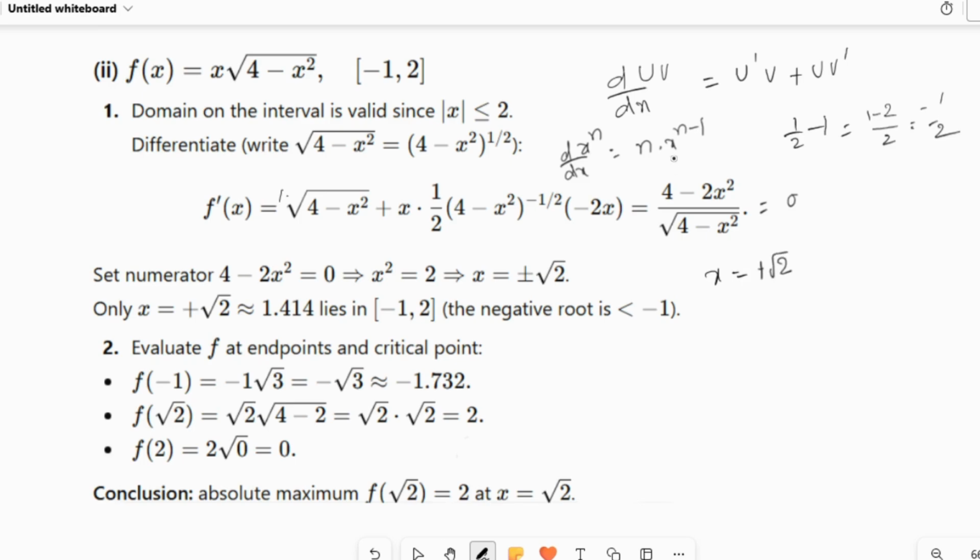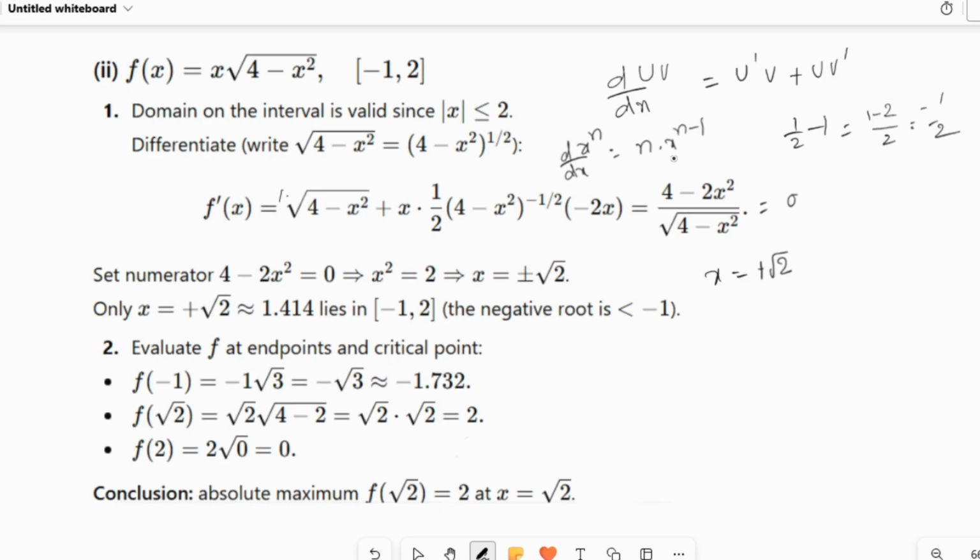And we have to find f at the end points minus 1, 2 and also at plus root 2. So first let us find f of minus 1. When we substitute minus 1 for x, that is minus 1 into square root of 4 minus of minus 1 squared, that is 3. Minus 1 root 3, that equals minus root 3. That value is minus 1.732.